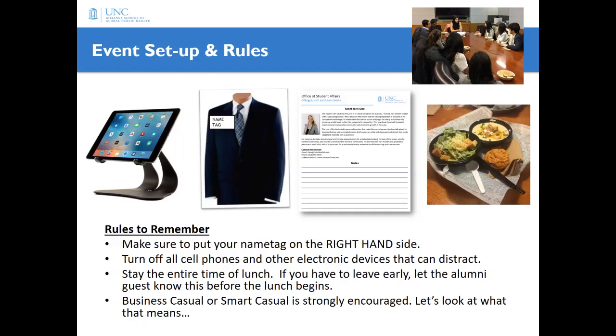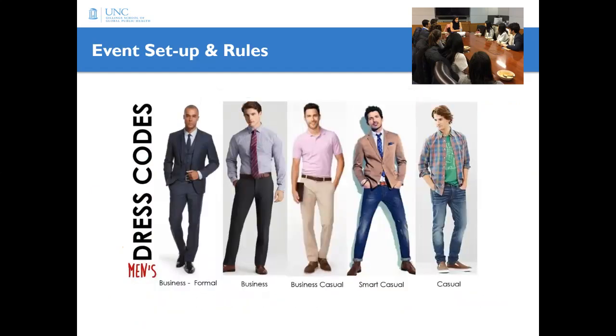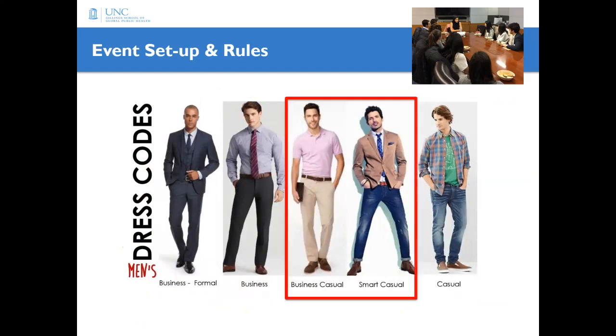And if you're not sure what that means, let's talk about that. For individuals who dress as a male, here is a picture of several different ranges of professional dress. The one that we look forward to is the business casual, smart casual. Business casual can be khakis or a nice pair of slacks with a button down, short sleeve or long sleeve.